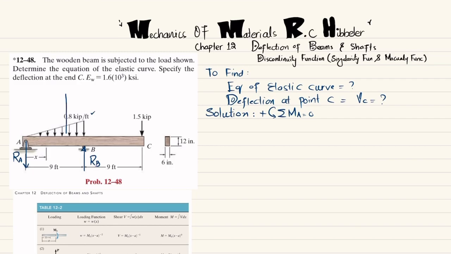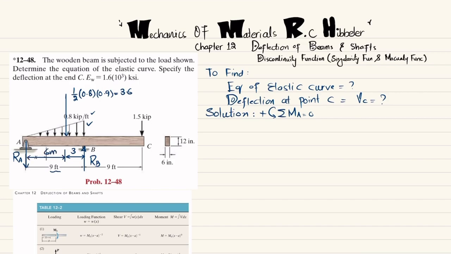If we convert this triangular load into a point load, so this is a triangular area, so it can be obtained by formula 1/2 into this 0.8 into the length over which it acts, and that is 9, and that is equal to 3.6, and that will act at a distance of L by 3 from this denser side. So L by 3 length is 9 by 3 is 3 feet, and this remaining distance will be equal to 6 feet.